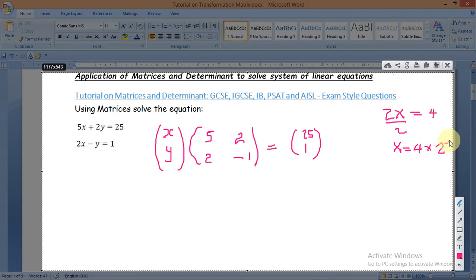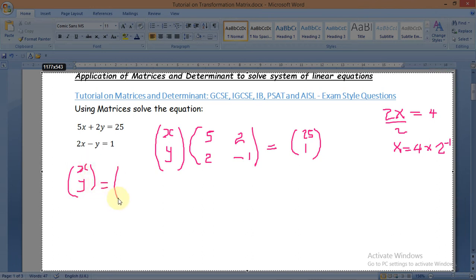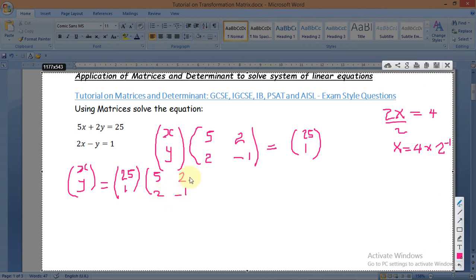That's where the word inverse comes from. So to solve this, I multiply the column vector of constants by the inverse of this matrix: 5, 2, 2, minus 1, inverse.